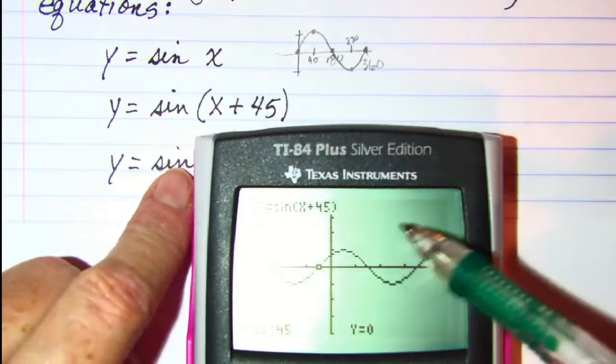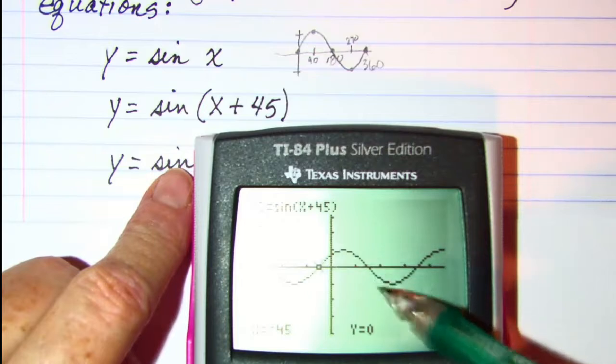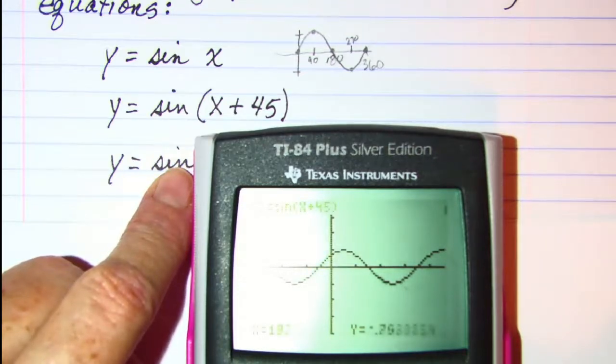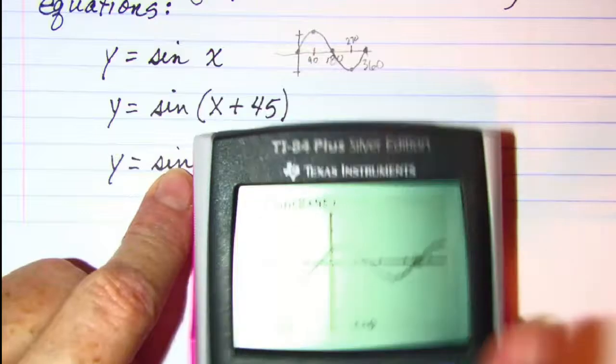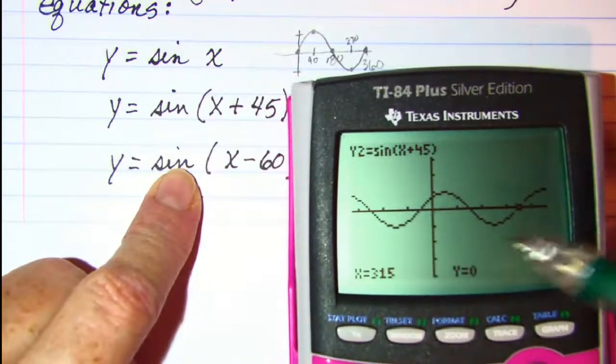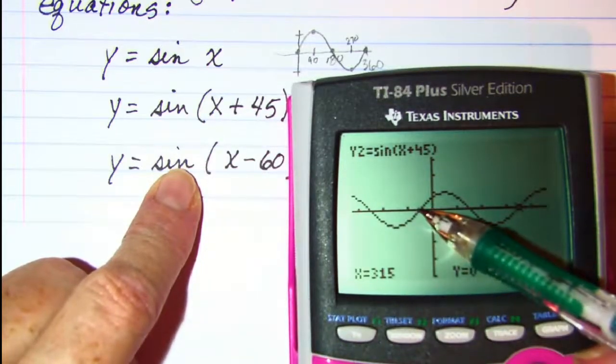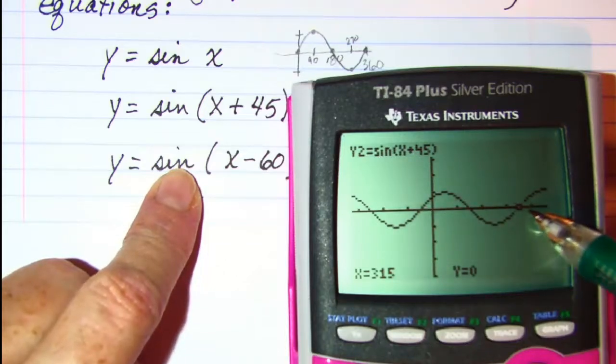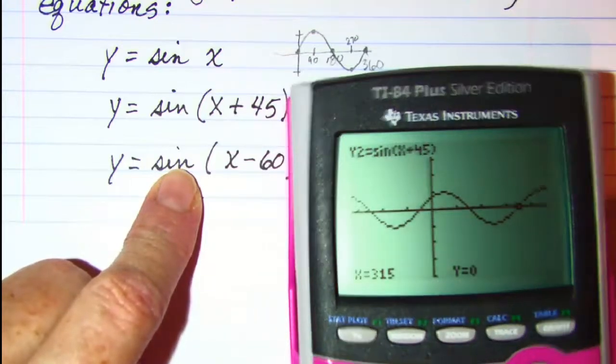And then also let me point out that it ends at 315. Trace that. So the period started at -45 and ends at 315. So all of those major points shifted to the left 45 degrees.